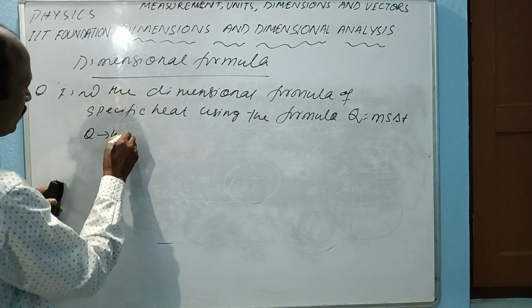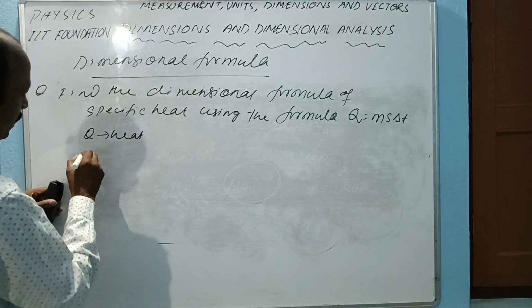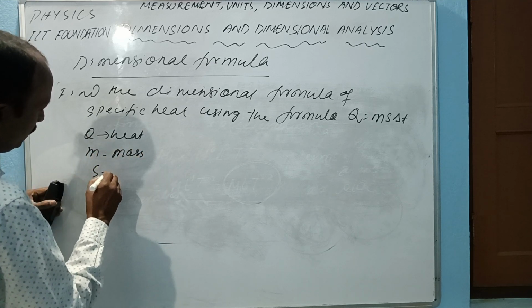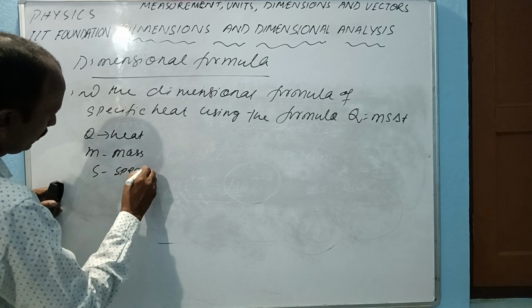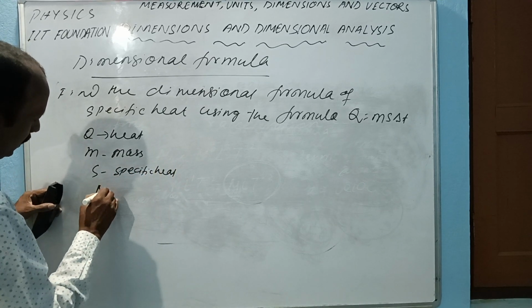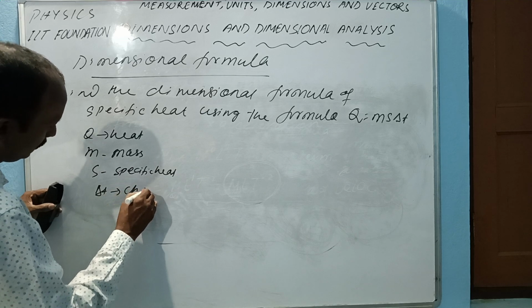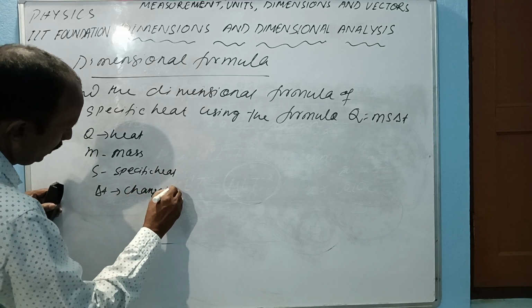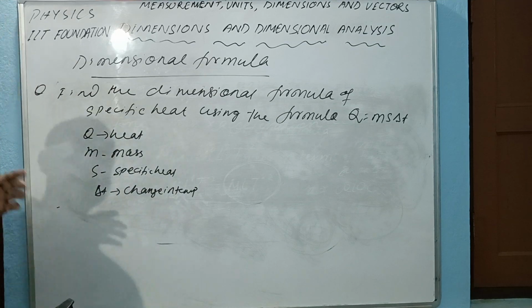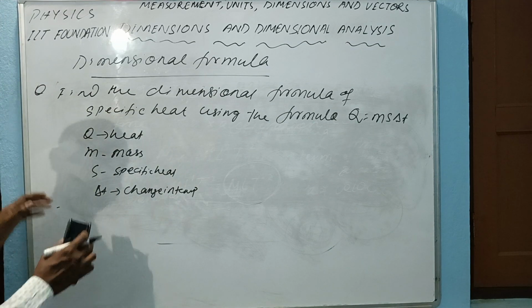Here Q stands for the heat, M stands for the mass, S stands for specific heat, delta T stands for change in temperature. Okay, so let us see.